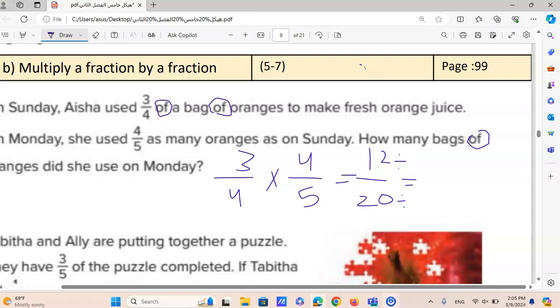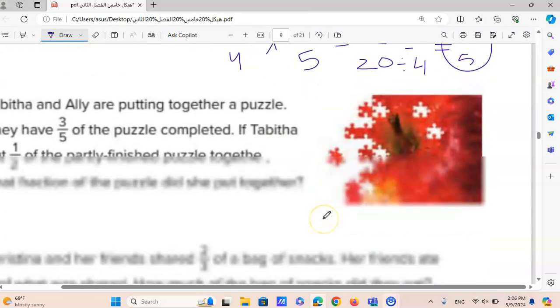You can divide both of them by 2 or 4, but choosing the greatest common factor is better, so you can get the simplest form in one step. So you can divide both by 4. Simplification means finding the numbers that divide 12 and 20, by 2 or by 4, but choose the greater number, it is faster. Here 3 over 5 is the simplest form, or the product in simplest form.